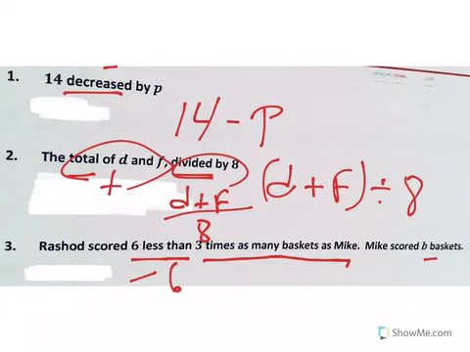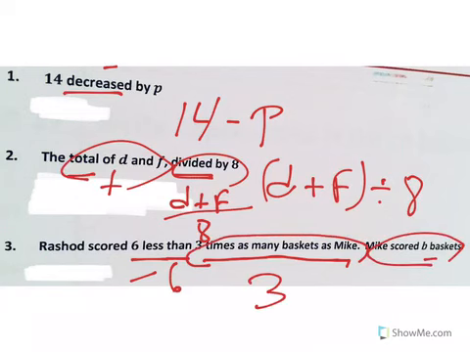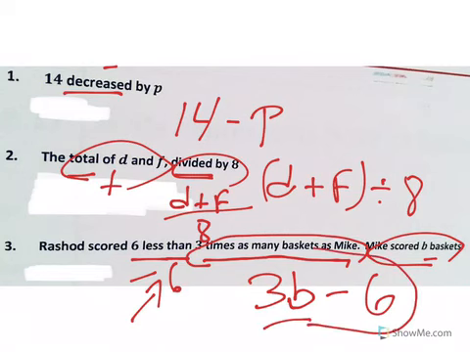Mike scored B, so I'm going to have 3B minus 6 because he scored 6 less than that. Going back and double checking my own work: 3 times as many as Mike would be 3B. 6 less than is minus 6. That looks good. We're going to roll with it.